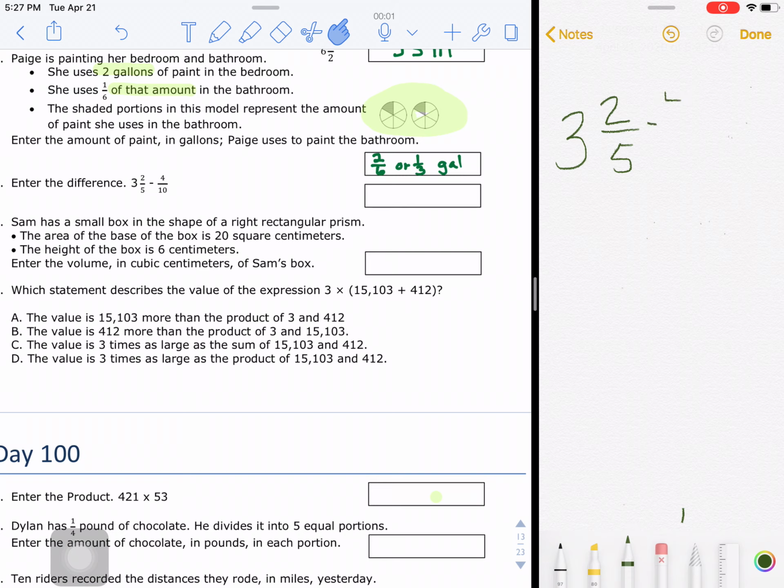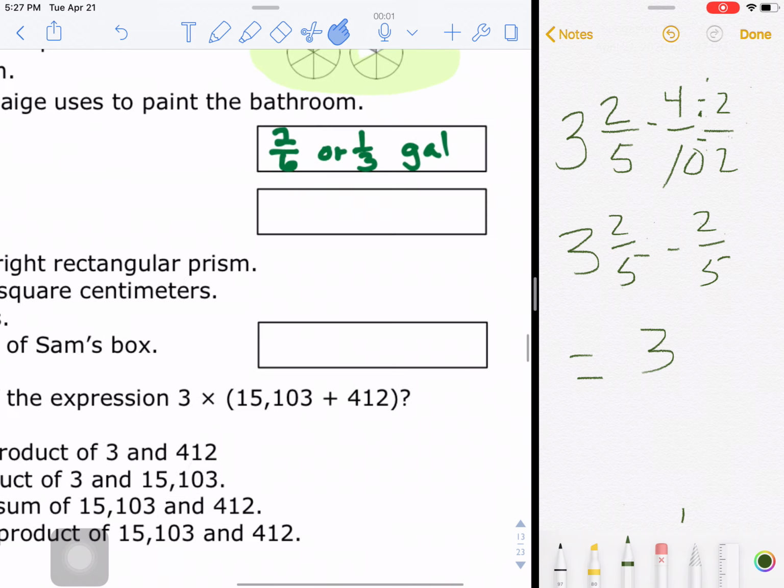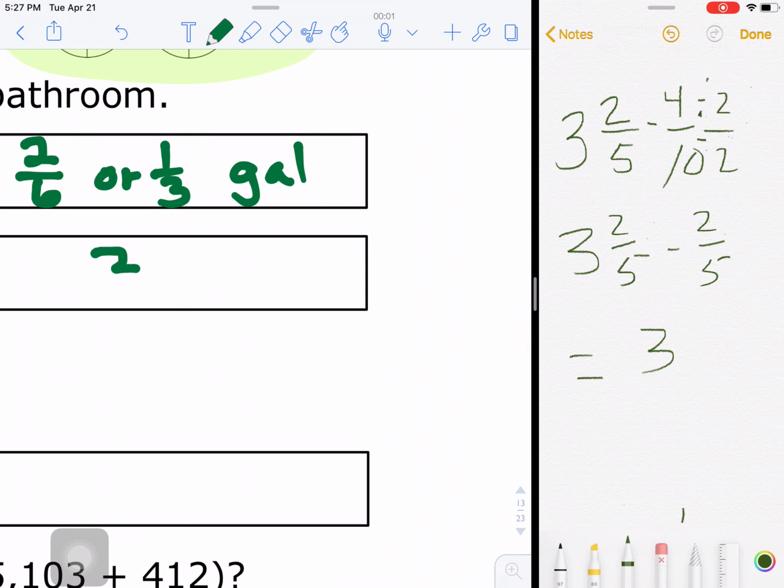So I can divide that by 2 halves, right? So I end up with 3 2/5 minus 2/5. I still come up with 3, but it just depends on how you look at that particular problem.